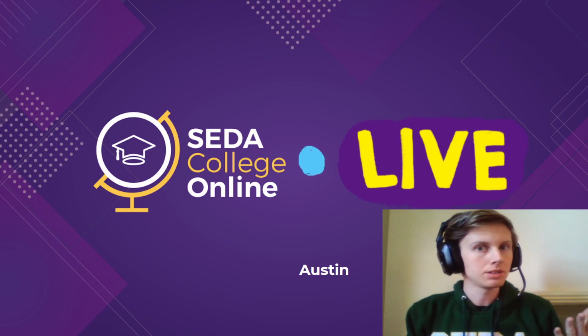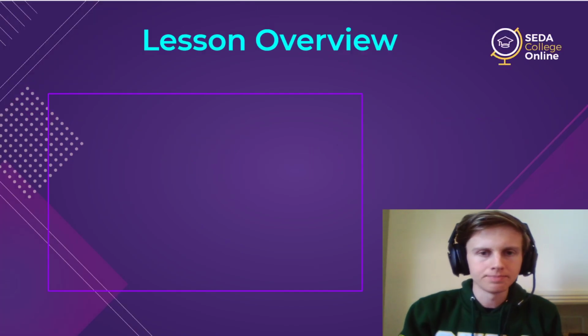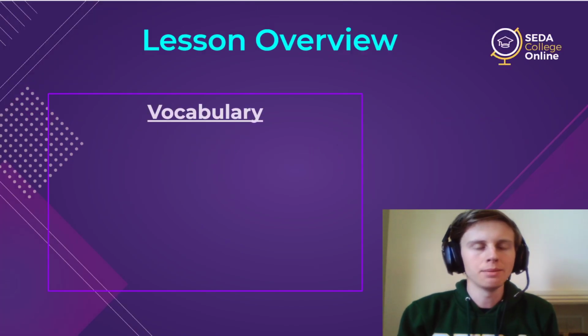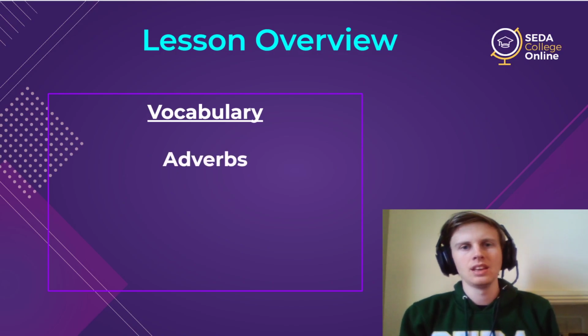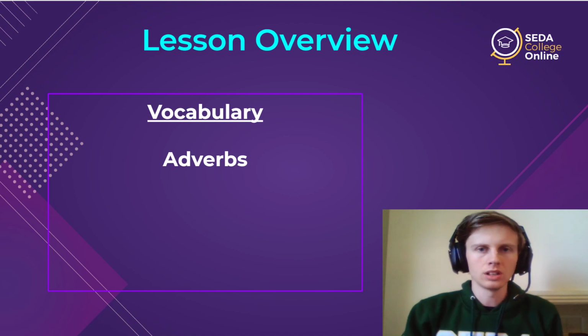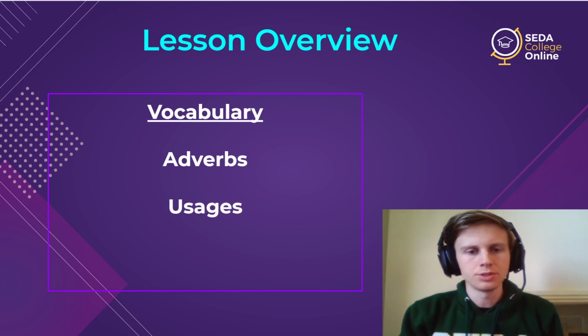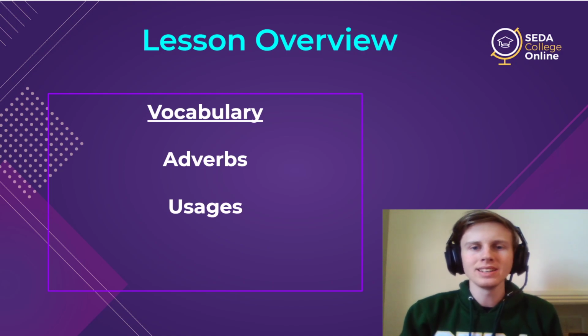So, we talked a lot about conjunctions, and now we're moving to another category of word. We're going to be talking about adverbs. And we're going to cover them in detail to help talk a lot about what they are and how they can help you. So we've got a specific usage in mind, and we'll get to that in just a moment.